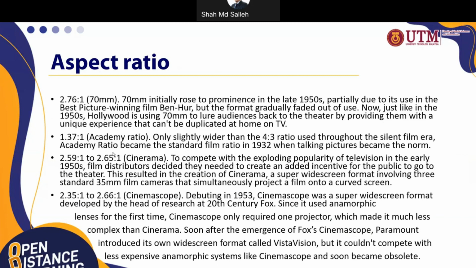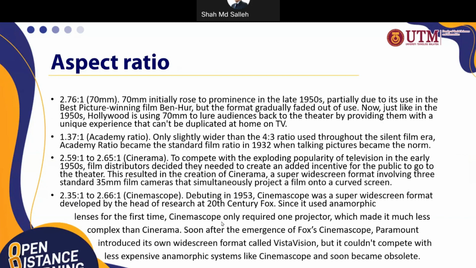Examples: Academy ratio, Cinerama ratio, and CinemaScope ratio, debuting in 1953 as a super widescreen format developed by the head of research at 20th Century Fox, using anamorphic lenses for the first time.